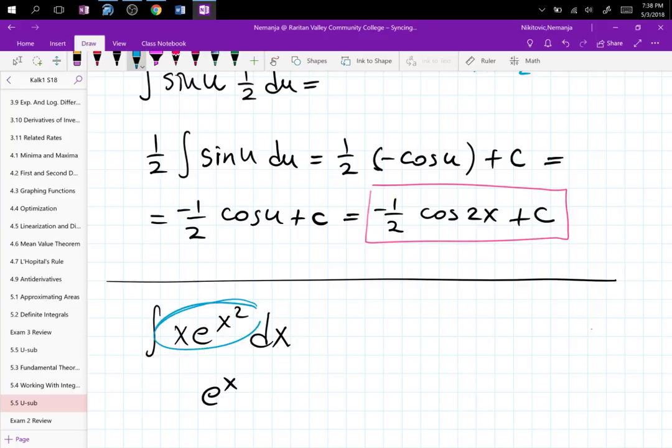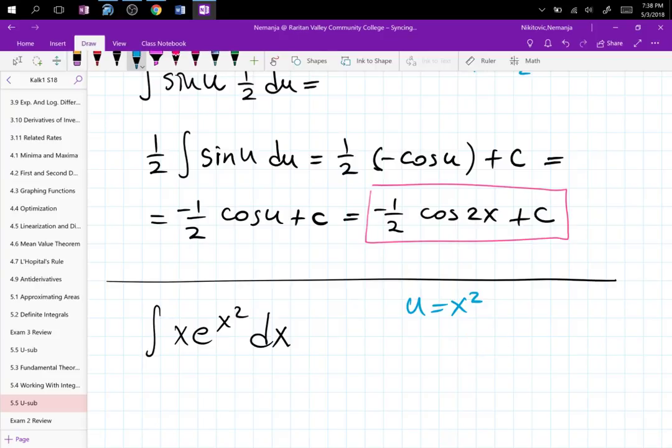So you look at the whole thing and you say, okay, what is complicated here that I can simplify and then integrate? In this case, that would be e to the x squared. So u equals x squared, because if you replace x squared with u, it will become e to the u, and that's easy.